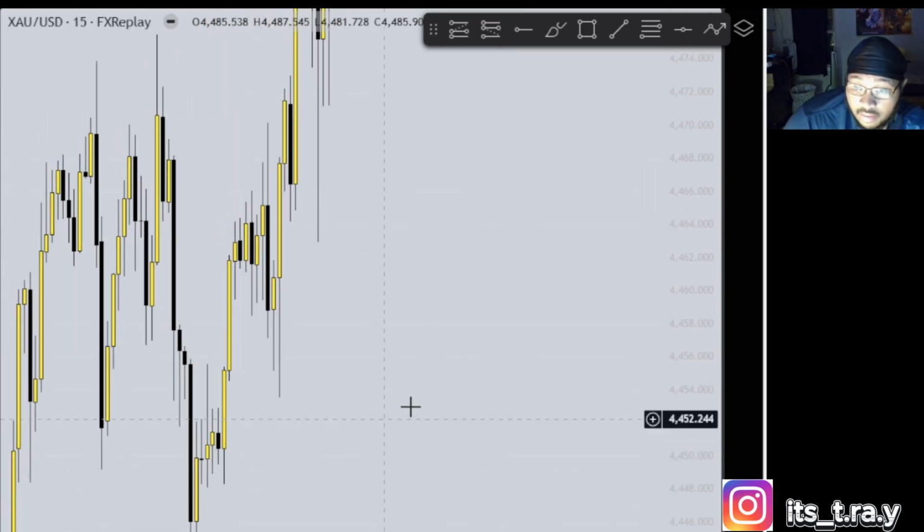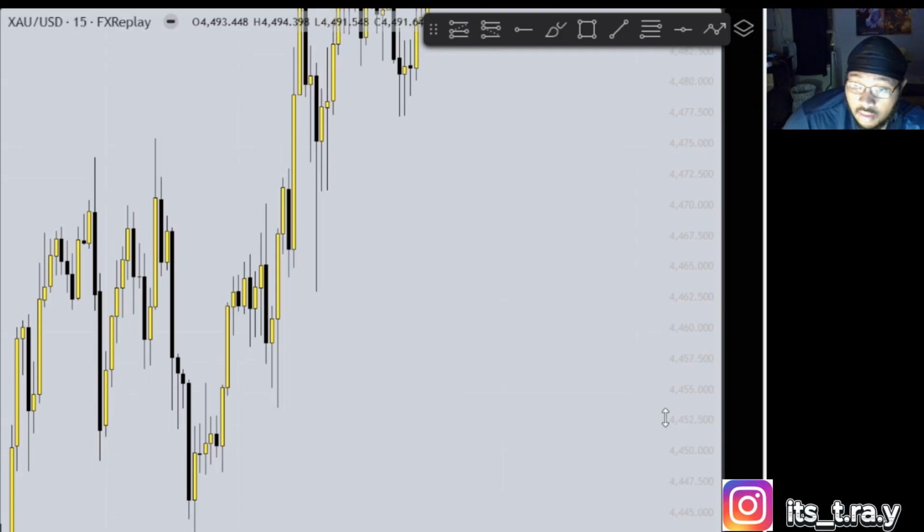Price sweeps liquidity right here, right? So this is a sequence of black candles going down before we took this out. So what I would do is take this from this low formed right here all the way to this high.